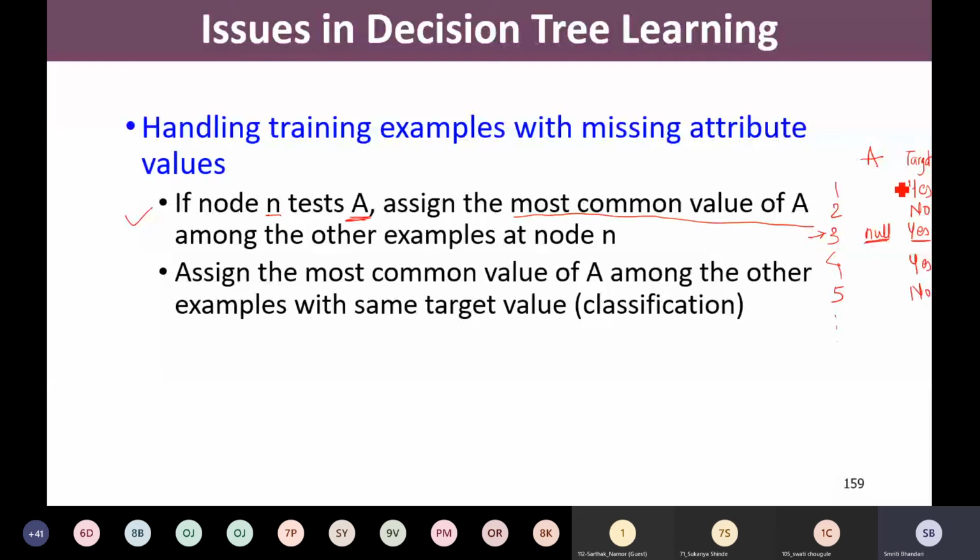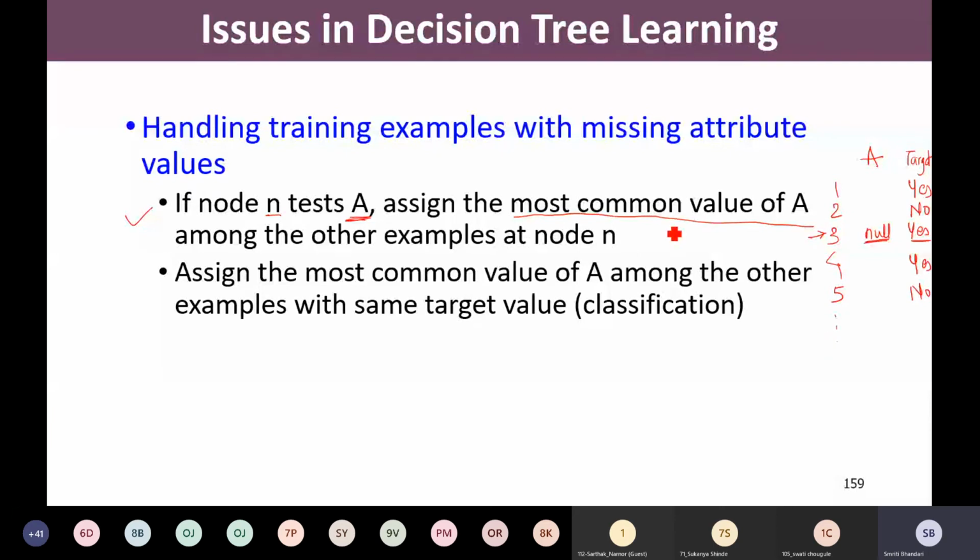So what we will do is, instead of considering the most common value out of all the instances, for this instance having the null value for attribute A, the target value is yes. So we will look at only those instances having the target value yes, and we'll pick only those examples having the target value yes, and out of those instances we will pick the most common value.